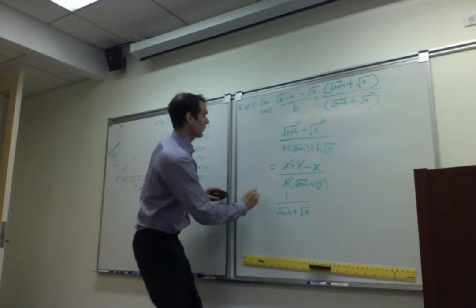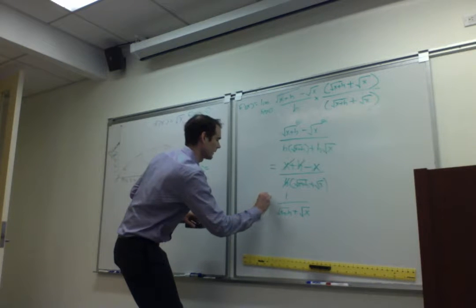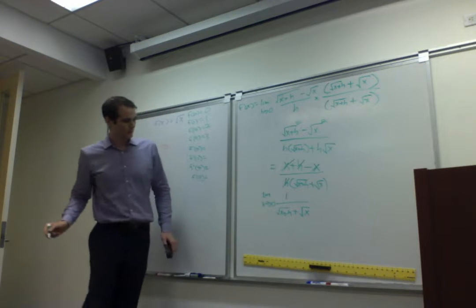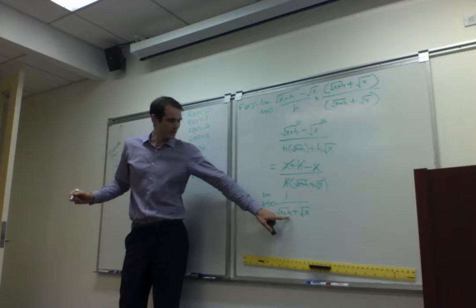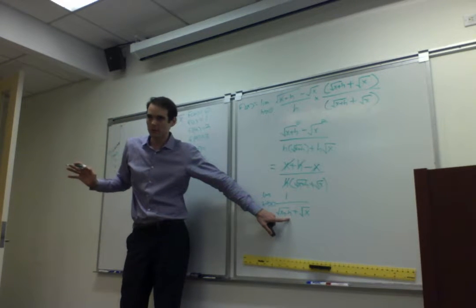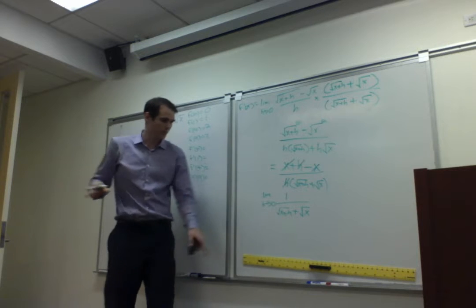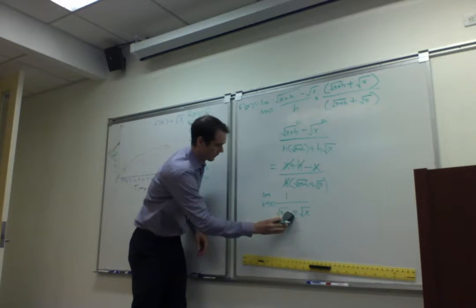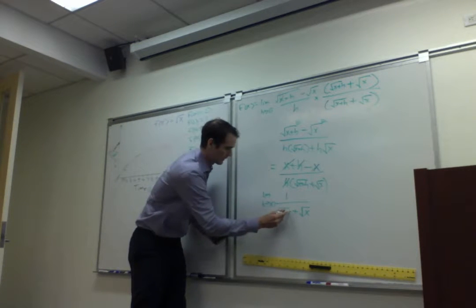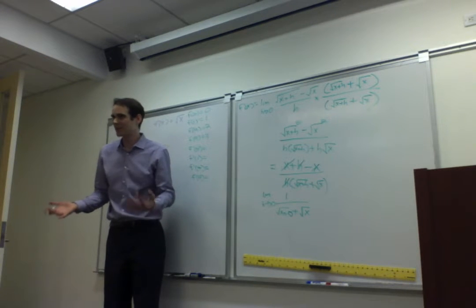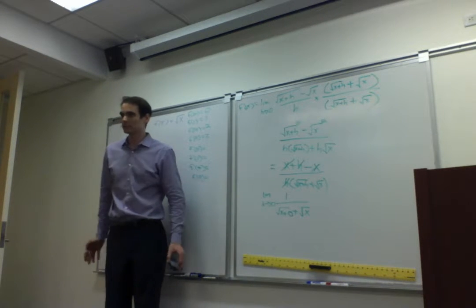And remember, the whole thing we're doing here is the limit as h goes to 0. So now we can think about this h going to 0 without getting a 0 in the denominator, because this h is part of something else. So we just put in 0 for this h. And as long as it doesn't give us an undefined term, which would be 0 by itself in the denominator, then we're good.